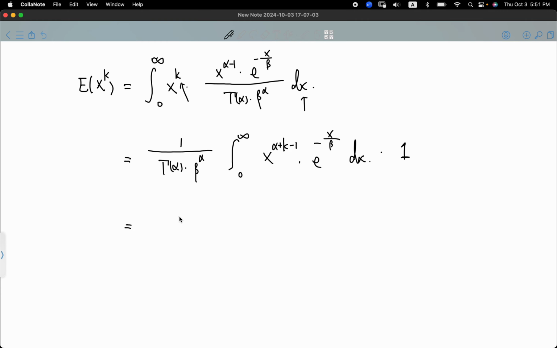To complete that, we have 1 over the gamma function of alpha, and then we want to multiply by another copy of the gamma function of alpha plus k, and beta raised to the power of alpha plus k.